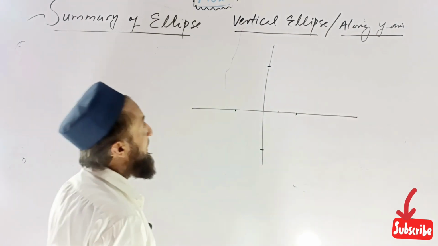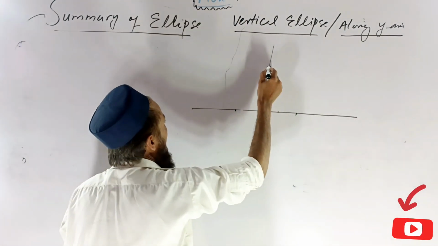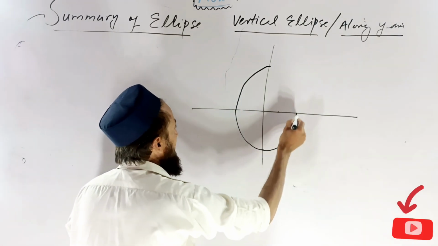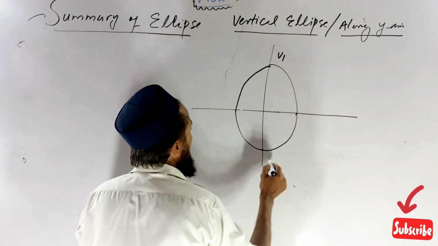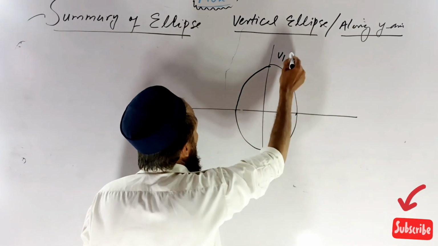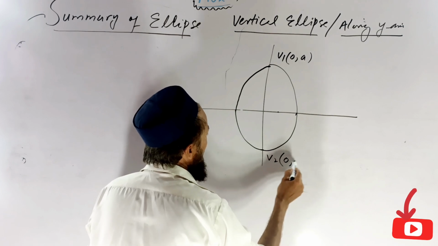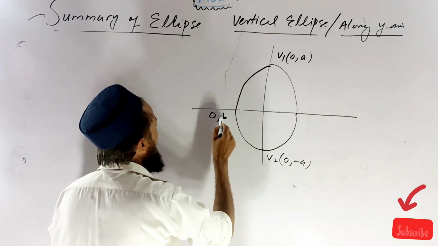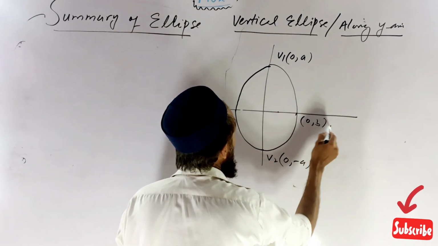Because we are finding the ellipse along the y-axis, the ellipse is made in this type. Here V1 and V2 are the vertices along the y-axis, so that will be 0 and a, and 0 and minus a, and here minus b and 0, and here b and 0.